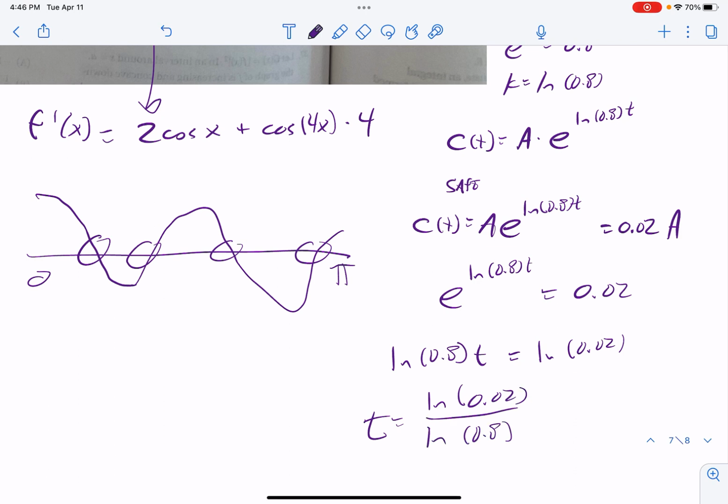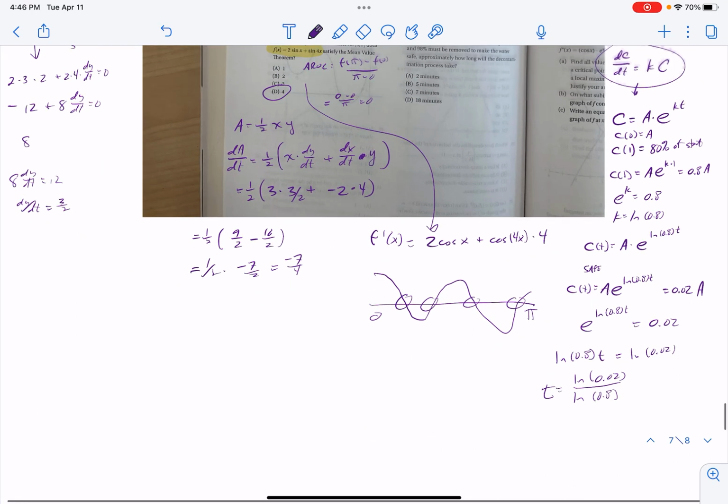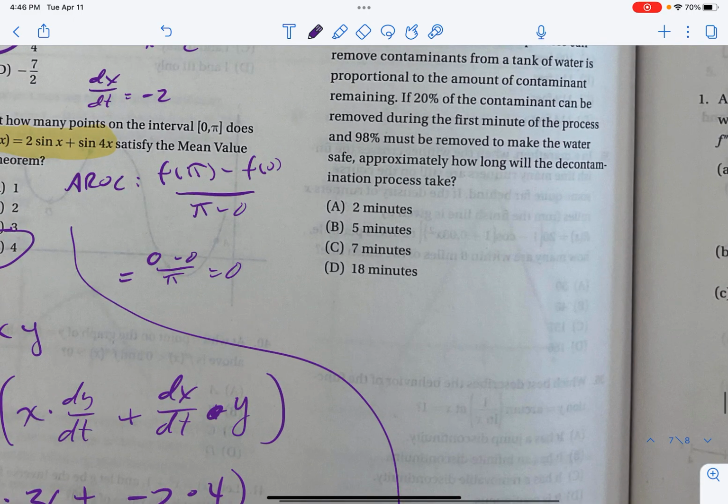Do not try to cancel those or invent your own log rule. Just type it into your calculator as is. There is theoretically a rule for redoing that, but why bother when you can just type into your calculator something that you are 100% sure is correct. And I get that this is about 17 and a half, and 18 minutes is a choice.